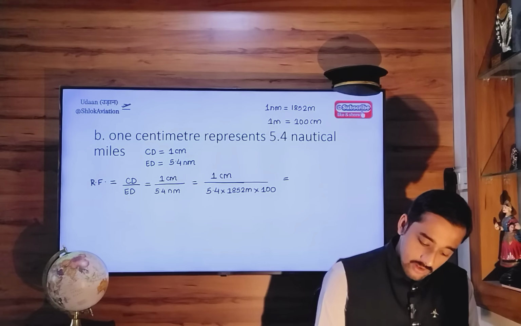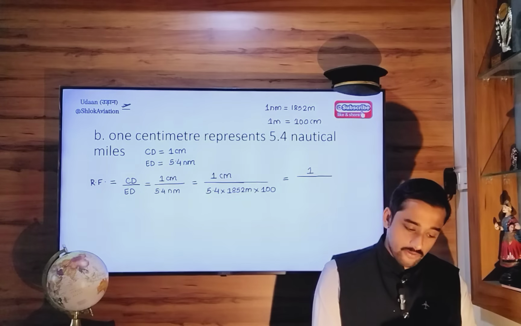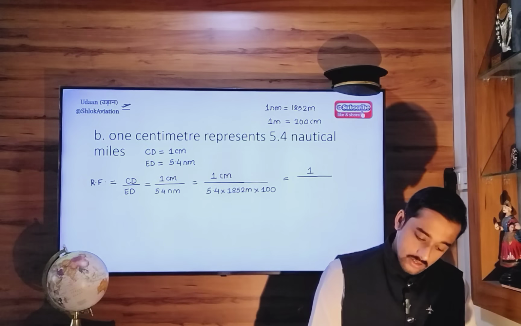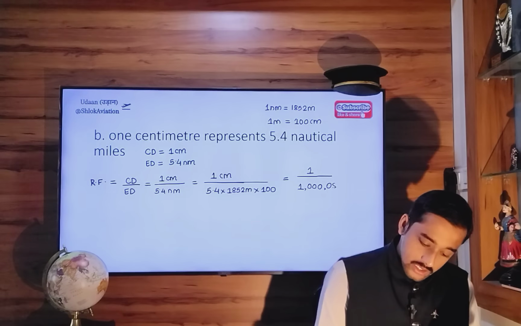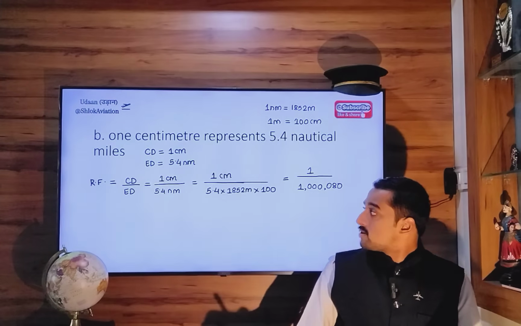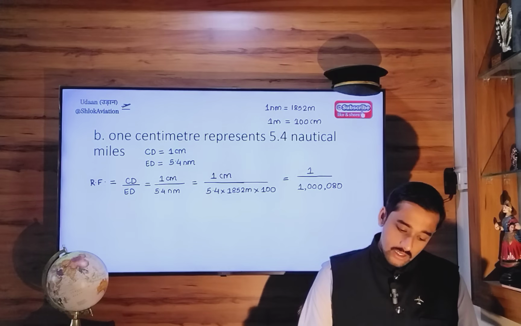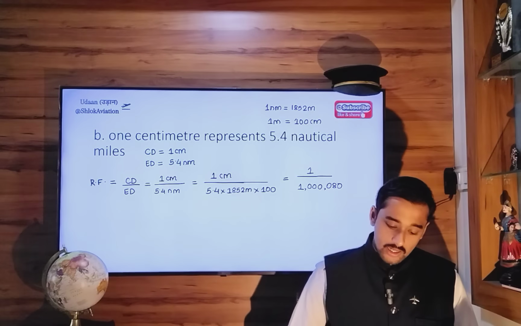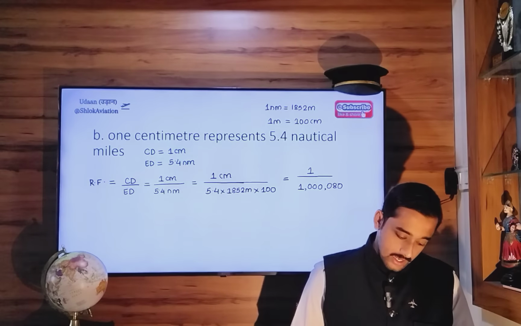Your final answer will be 1 divided by 5.4 into 1852 into 100, which is 1 in 1000080, that is 10 lakh 80. That is your answer. So select that option which is closest to this. Next.